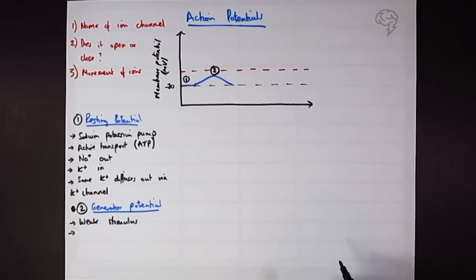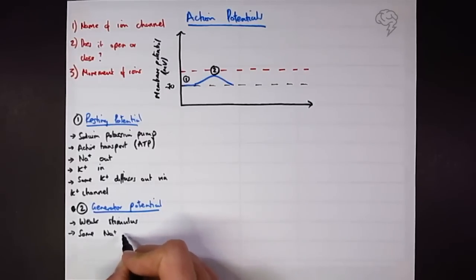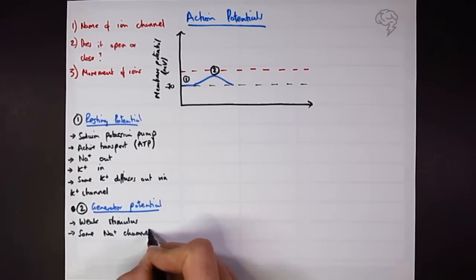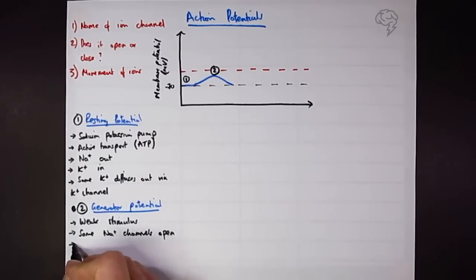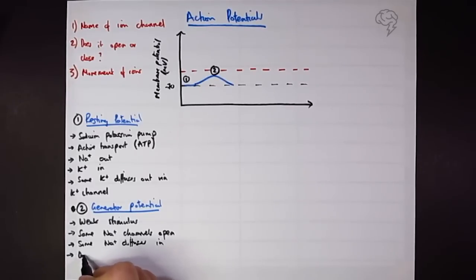We can say some of the receptor sodium ion channels will open, but not all of them. So some sodium will diffuse in, but it does not reach threshold. And then we can say the sodium-potassium pump restores the resting potential.